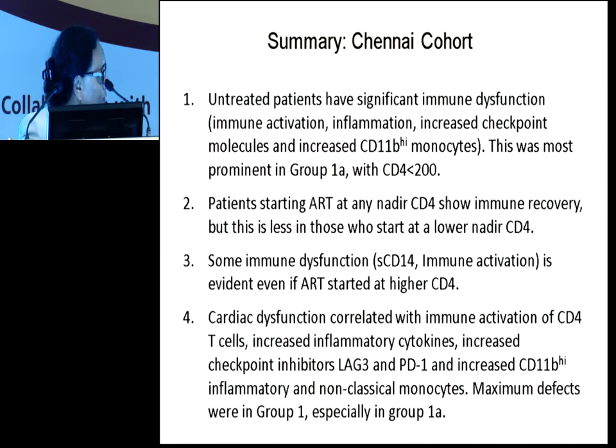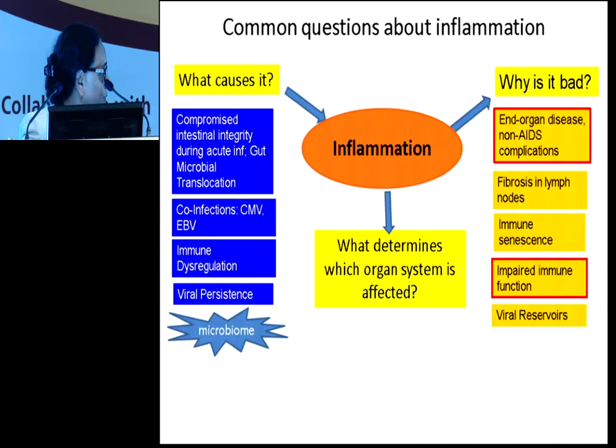Some immune dysfunction, such as soluble CD14 and immune activation, is evident even if ART was started at higher CD4. And cardiac dysfunction correlated with immune activation of CD4 T cells, increased inflammatory cytokines, increased checkpoint inhibitors, LAG3 and PD1, and increased CD11b high monocytes. Maximum defects were in group 1.